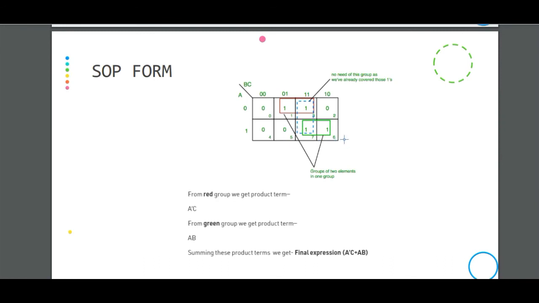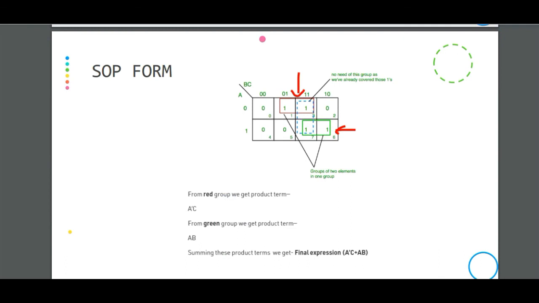So here we have taken one and another one over here. We aren't going to circle it like this, because both of these ones are being circled at least once, so this will be disregarded. So we are going to take these two as they are, and take the answer directly. So that's how the SOP form works.